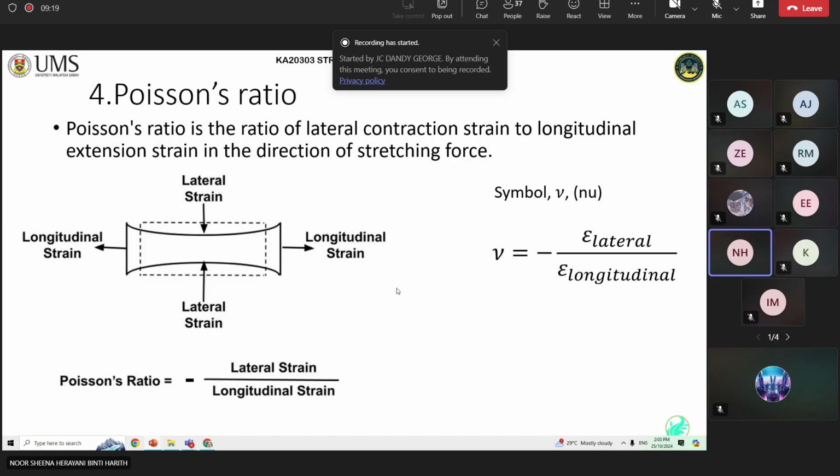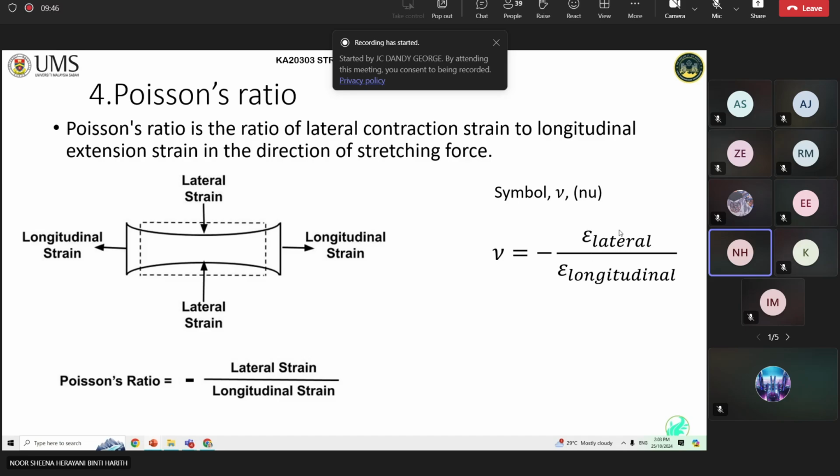The symbol for Poisson's ratio is nu. It looks like a V shape, but it is the Greek letter nu. So nu equals minus epsilon lateral divided by epsilon longitudinal. Epsilon is the symbol for strain.